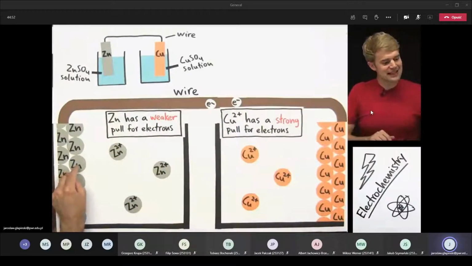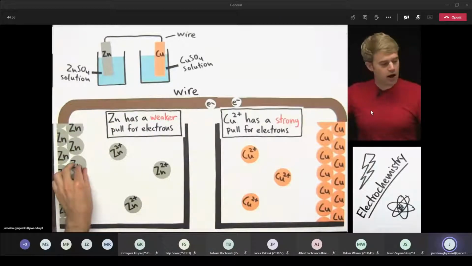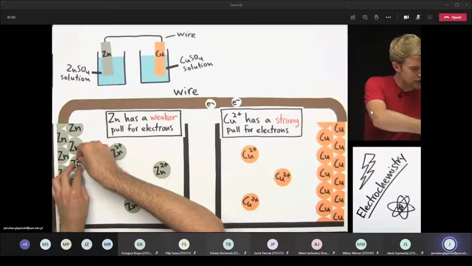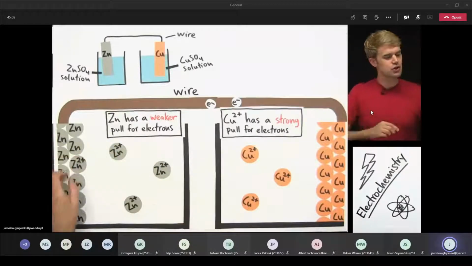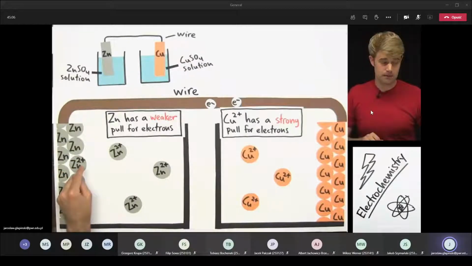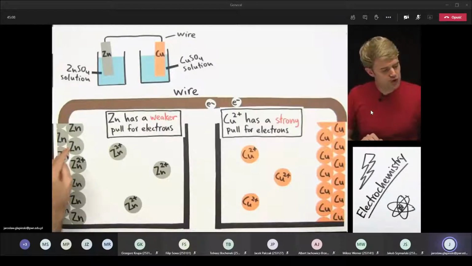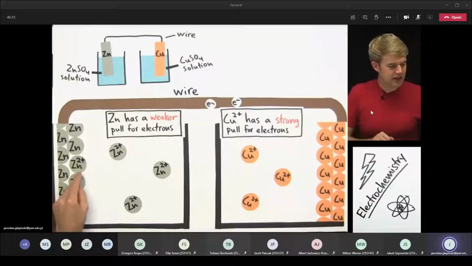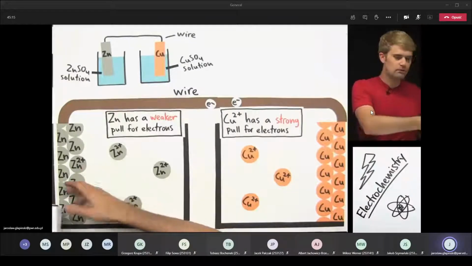Now, when zinc gives away those 2 electrons, it causes its charge to change. It's lost 2 electrons, so it gets a positive charge, and it becomes Zn2+. Now, changing from neutral zinc to zinc 2+ has a big effect on this atom.